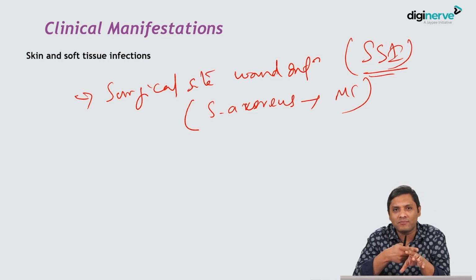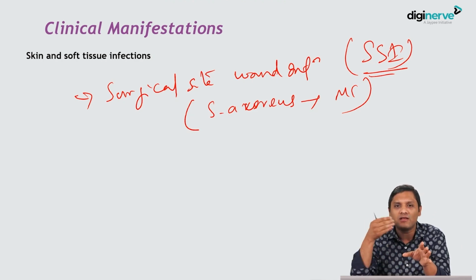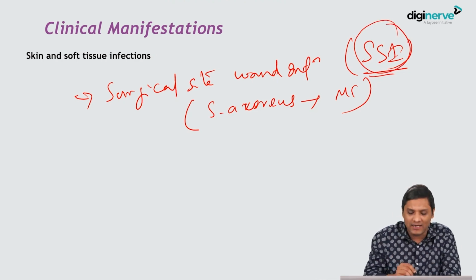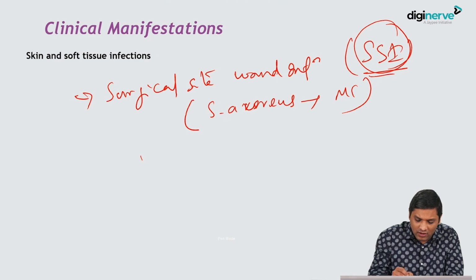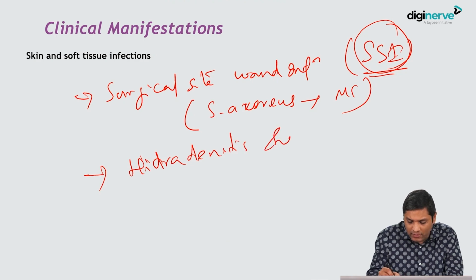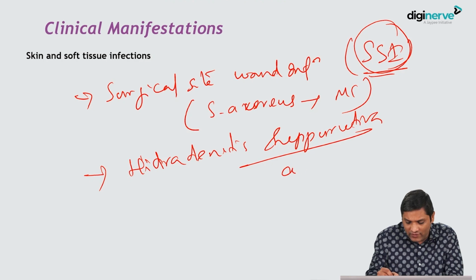So if you have any incisional breach, then the organism may spread inside to cause surgical site infection. Then infection of the apocrine gland, which is called hidradenitis suppurativa, especially in the axillary region.